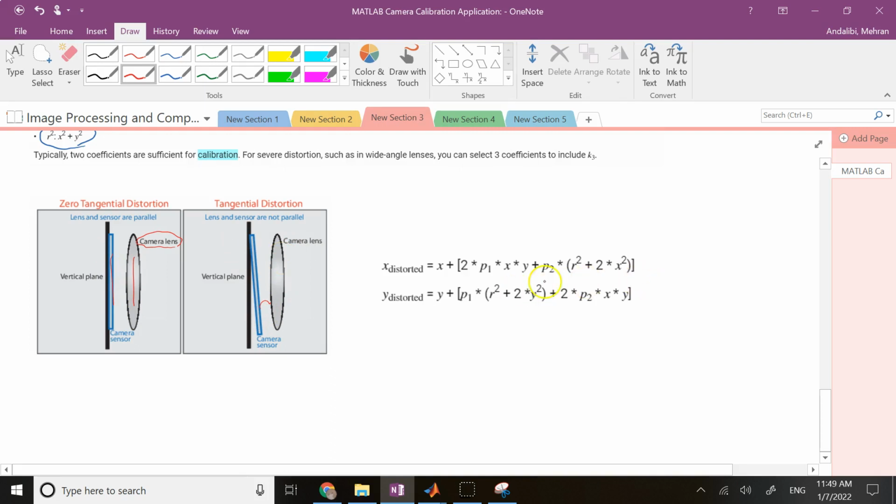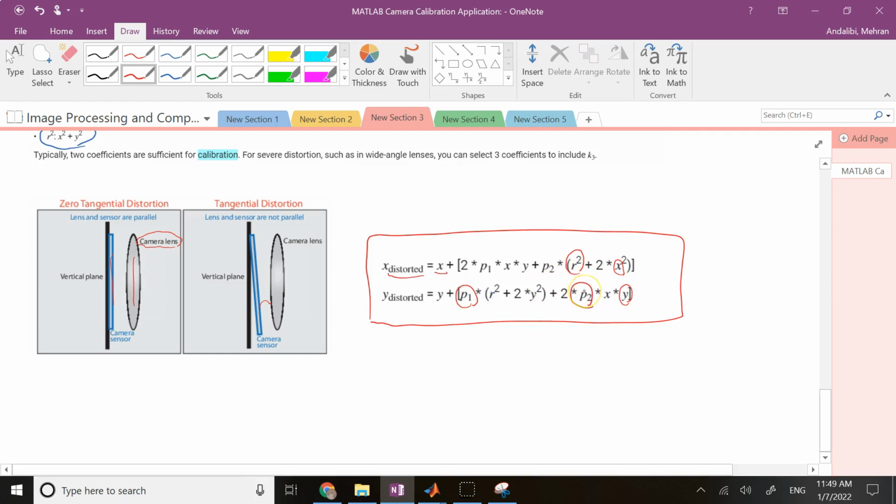The equations for tangential distortions are like this. And as you can see, the distorted X is different from X based not only on the radial location of the point, not only on the X and Y of the point, but also two coefficients P1 and P2 are involved.